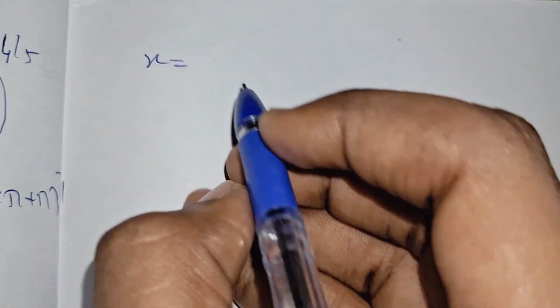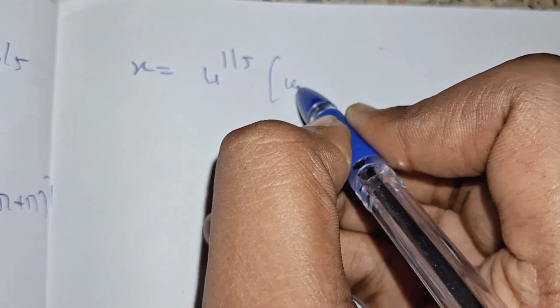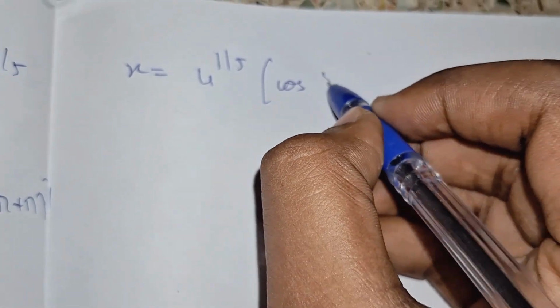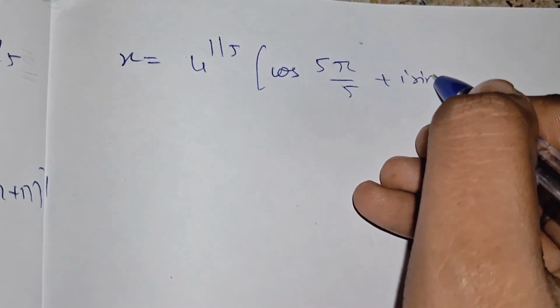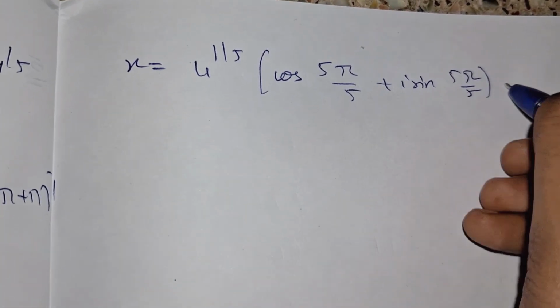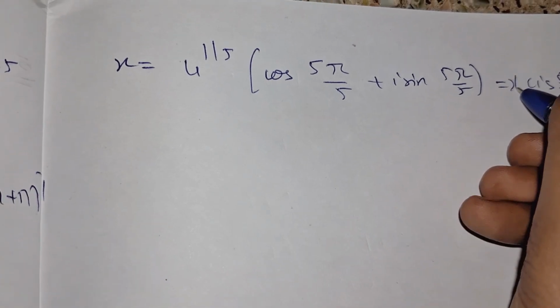When k is equal to 2, x will be equal to 4 to the power 1 by 5 into cos 5 pi by 5 plus i sin 5 pi by 5, which will be equal to 4 to the power 1 by 5 cis 5 pi by 5.